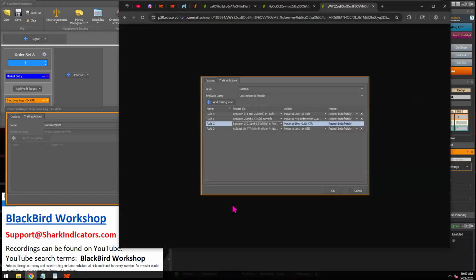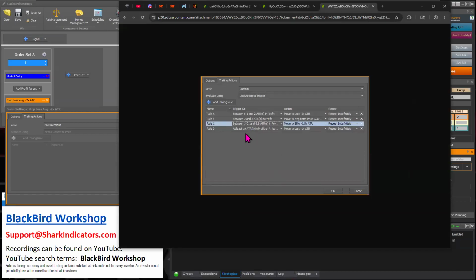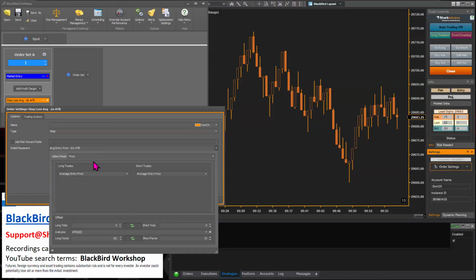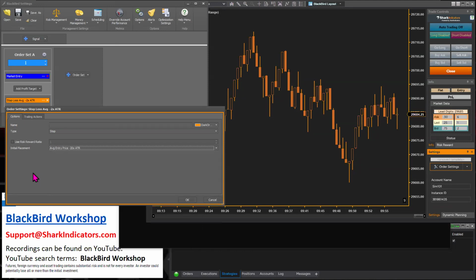But we can see from the screenshot, actually, no, it's not that far-fetched. Rule D is looking for a profit of 10 ATRs. So I should crank this up even further. Let's just go 20 there. Call it good.